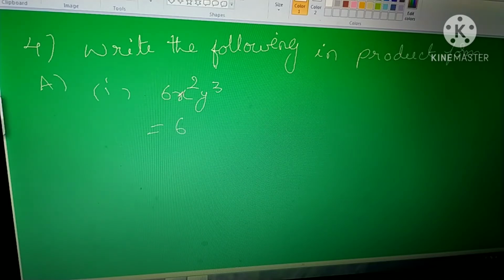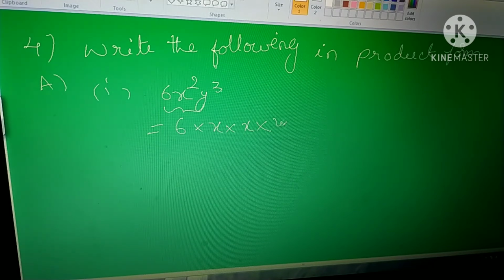So how is the multiplication? 6 into x square. How many times is x repeated here, in the power? What is the number we have here? 2. That means x is repeated 2 times. So write down 2 times with the multiplication symbol. After that, here only multiplication. Now y, how many times is it repeated? Y power 3 means y is repeated 3 times.